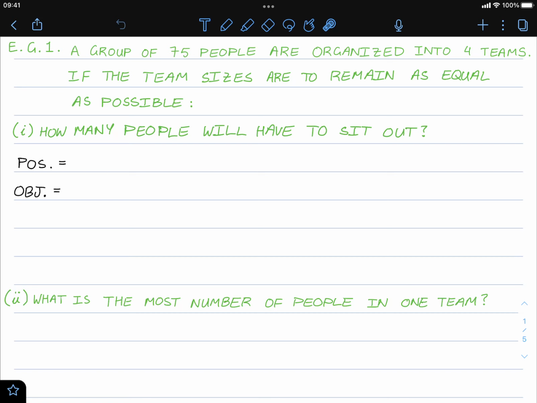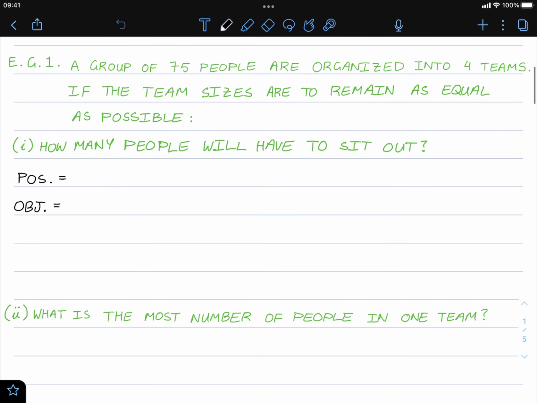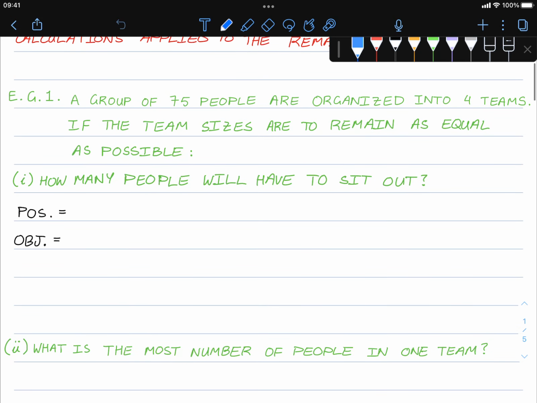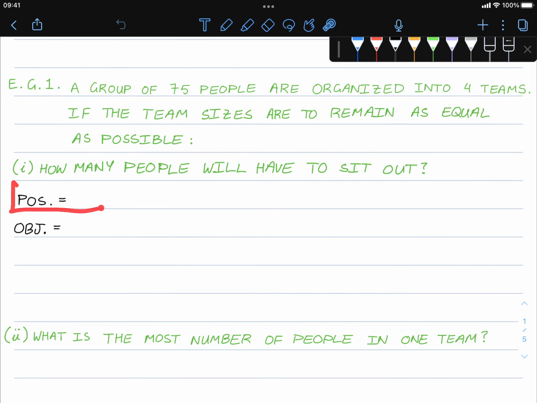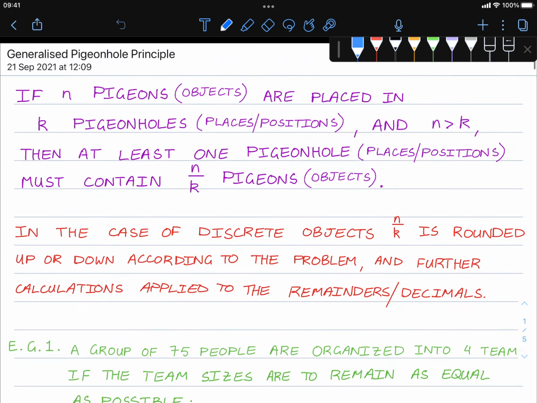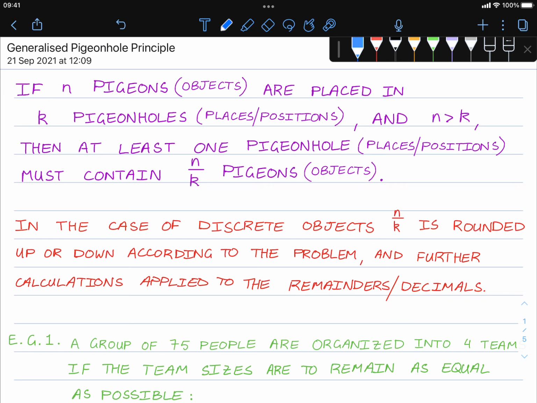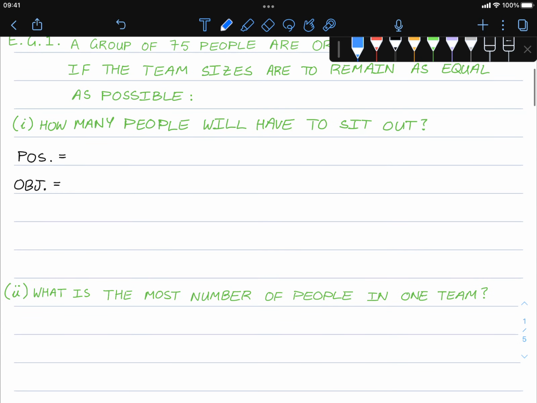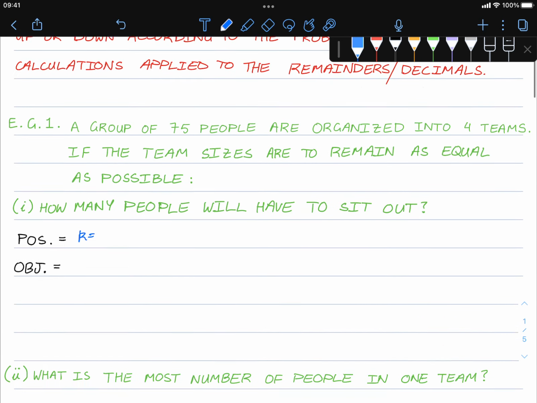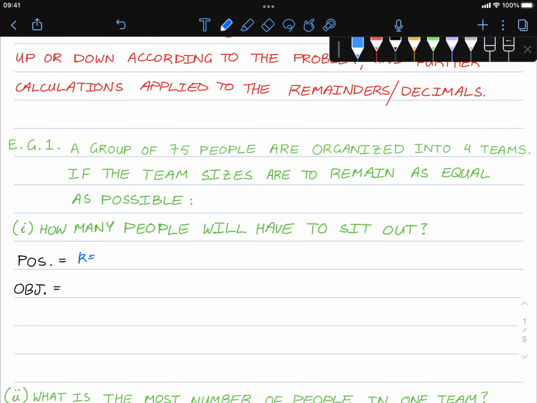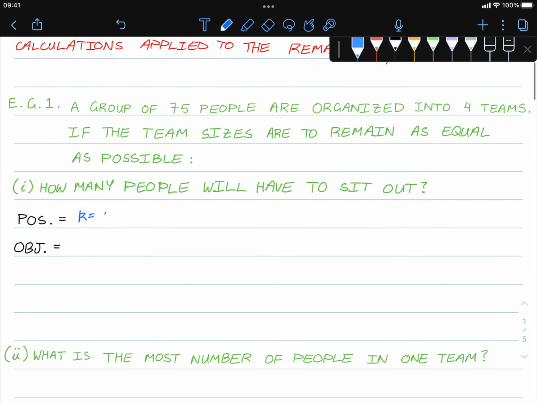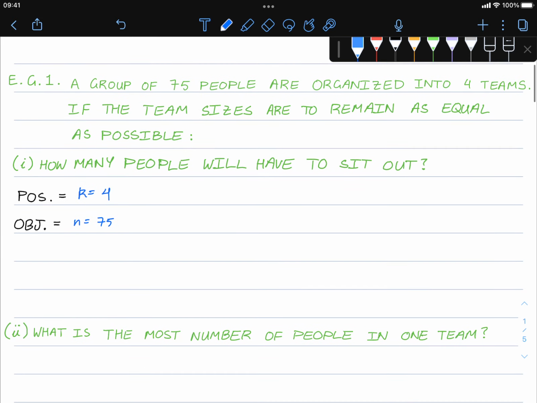First, let's recognize what are the positions and what are the objects. As we saw, we'll treat the positions as k. In this case, k equals 4, because 4 teams is what we're going to divide them into, and simply n is equal to 75.